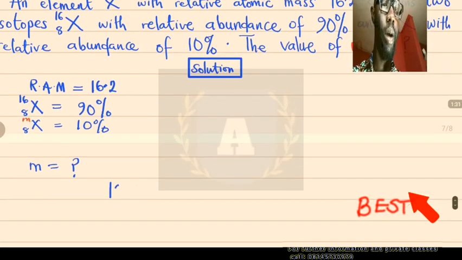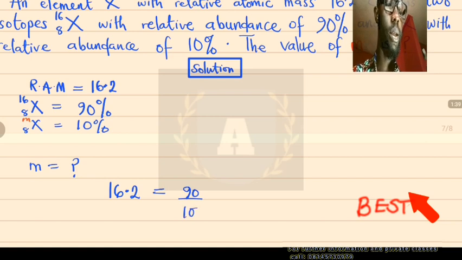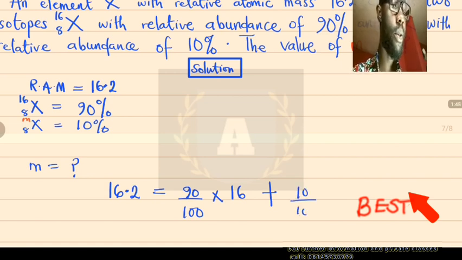So how do we get M? We write the relative atomic mass, which is 16.2. The relative abundance of that is 90 divided by 100 multiplied by its mass, which is 16, plus the 10%, which is 10 over 100, multiplied by its mass.